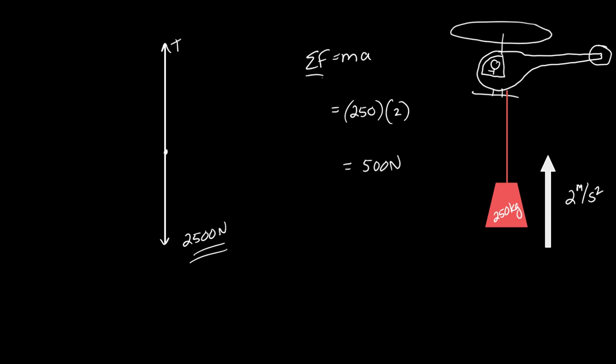But the other side of this, the net force is the sum of the forces acting on the box, which is tension and weight. So if I want the tension, it looks like it's 3,000 newtons.